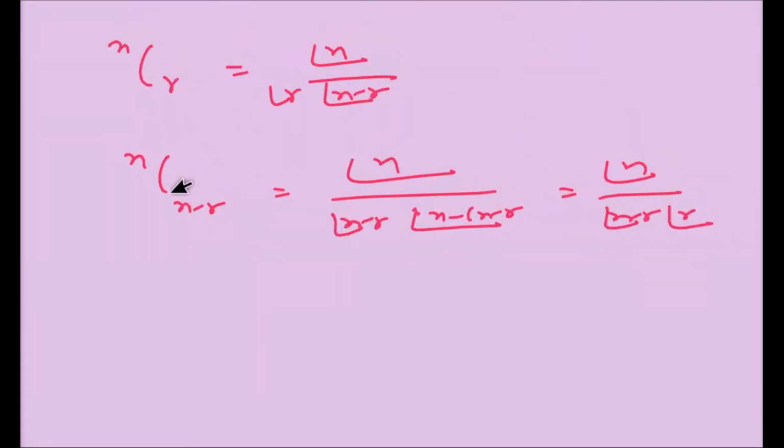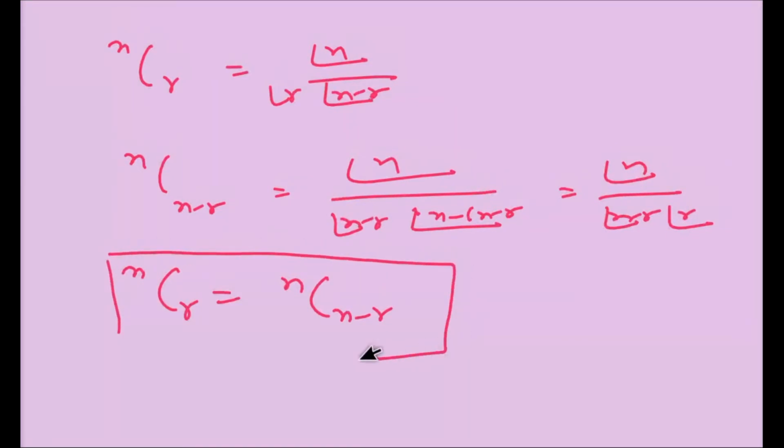So we can say these are equal. So we can say nCr equal to nC(n minus r). So these are the complement of each other, they are equal.